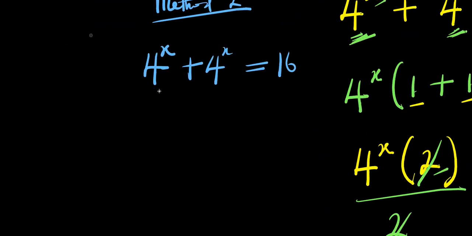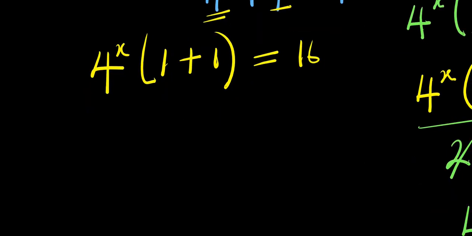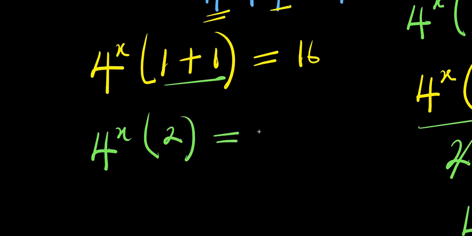You can decide to factor out. You have 4 power x divided by 4 power x, you have 1, plus 4 power x divided by 4 power x again, you have 1, and this equals 16. I have 4 power x times 1 plus 1, this is 2, and this equals 16.